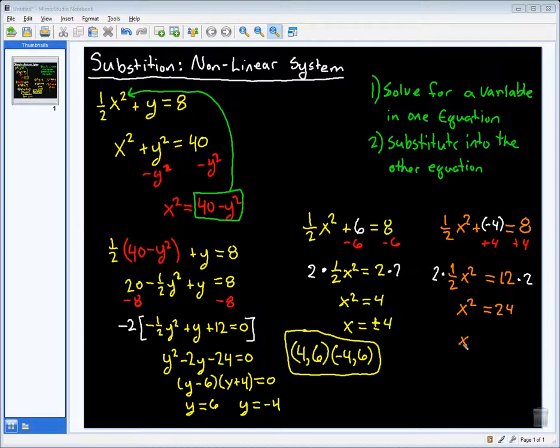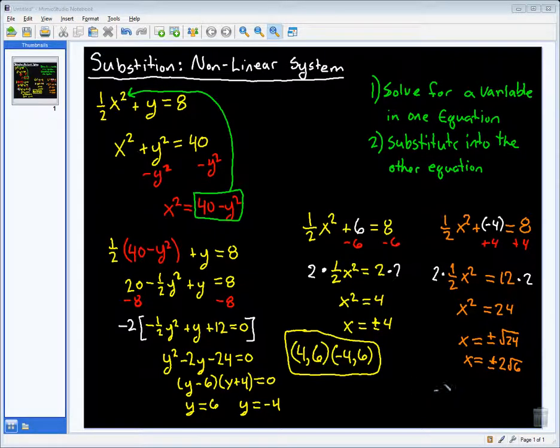And when I square root, I get x equals plus or minus the square root of 24. Now we really should simplify this radical by pulling out the perfect square of 4, which makes it plus or minus 2 square root 6. Which means I have 2 more answers.